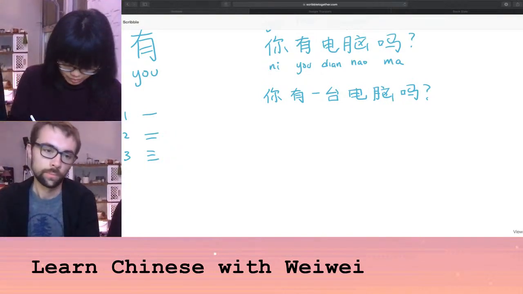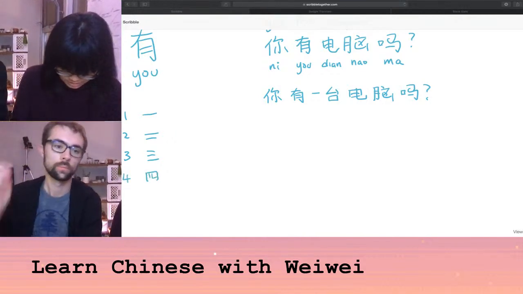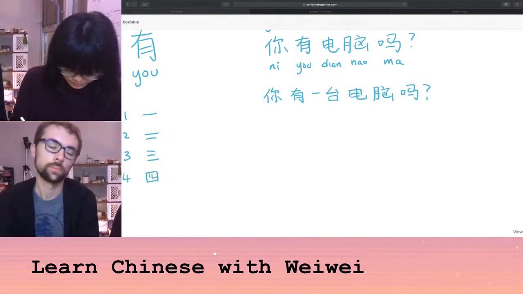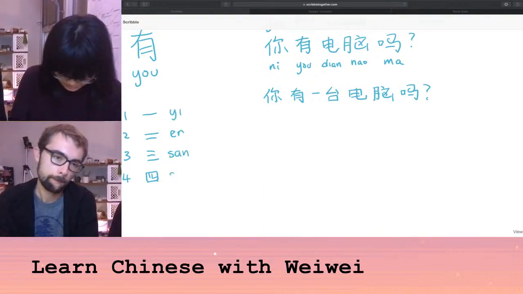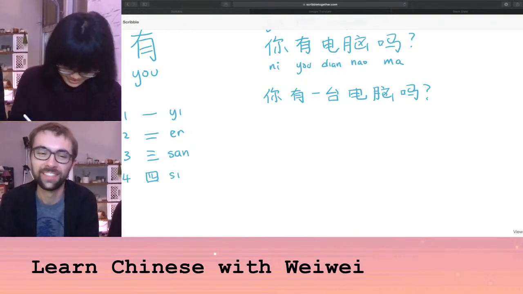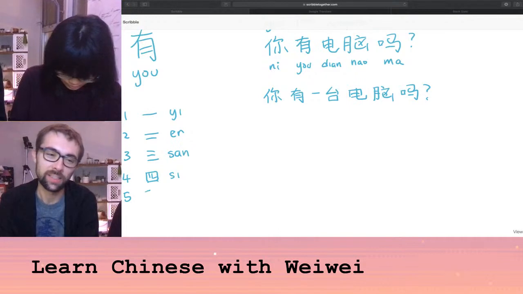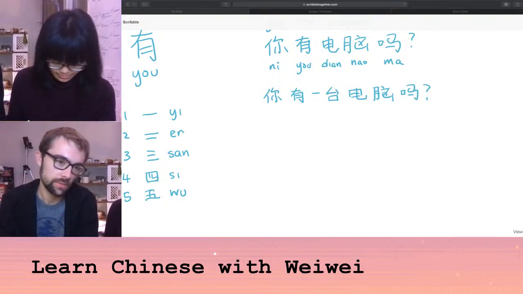It becomes different once it's going above 4. 4 is 四, and that's 一二三四. 5 makes sense though, because it has 5 lines. I'm gonna write that here. They just messed up with 4. 五 is 5. 5 also kind of looks like a 5.